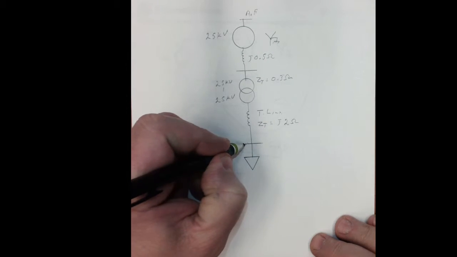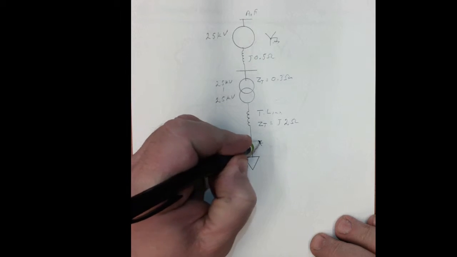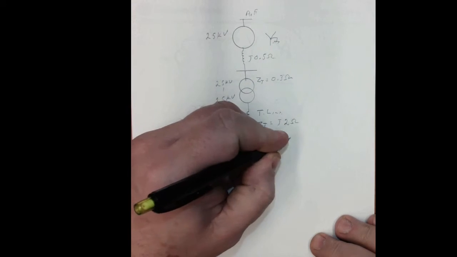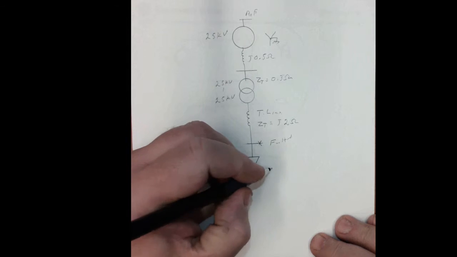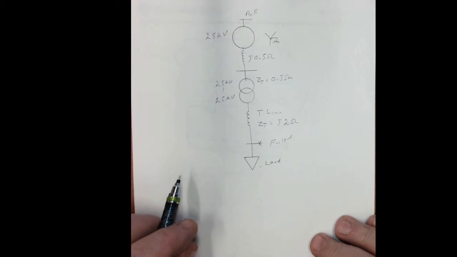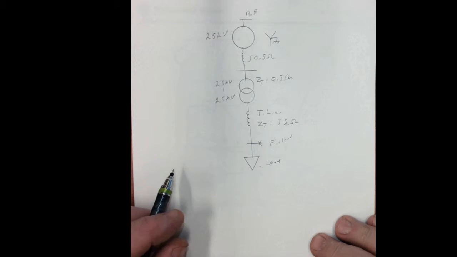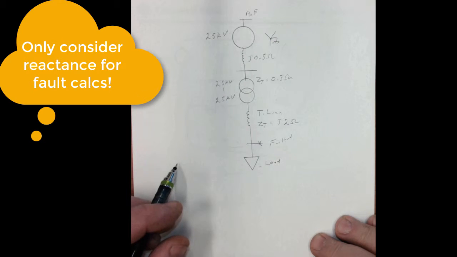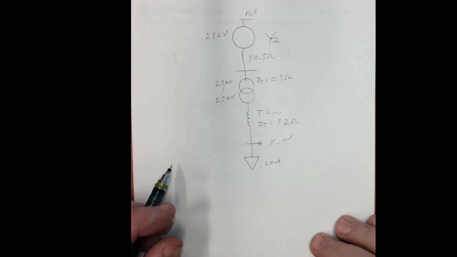And then I have a bus here, and this bus is going to be faulted. This represents a load, and this is a transmission line that has an impedance of j2 ohms. It's very common when finding fault currents that we neglect the resistance in our system, because the inductance is always going to dominate, and we can consider it just as a purely reactive network. Makes some of our calculations a little easier.